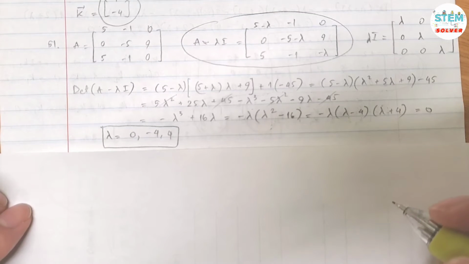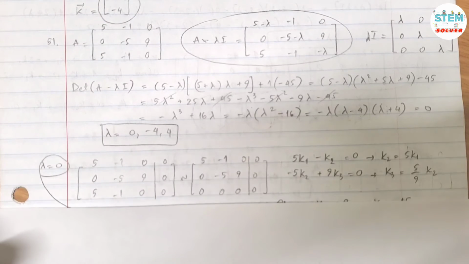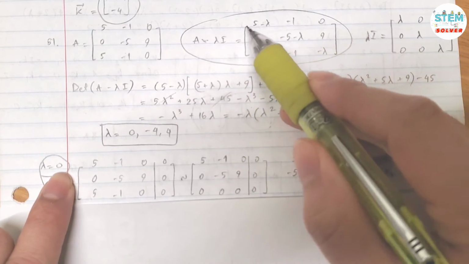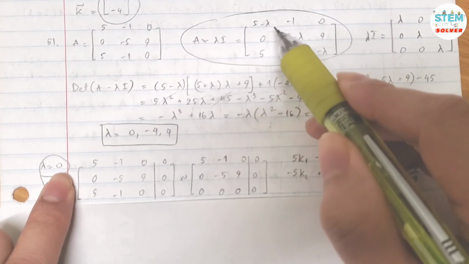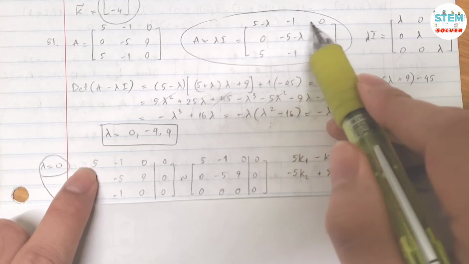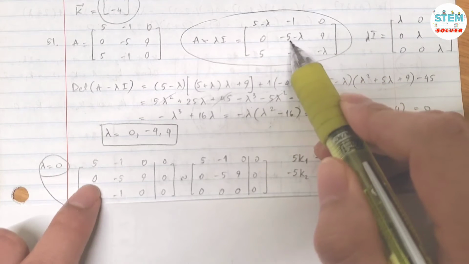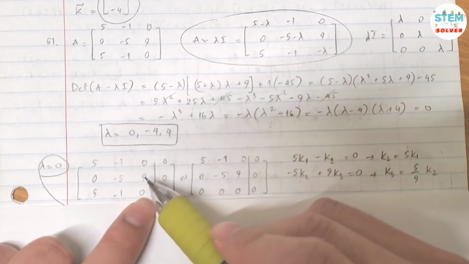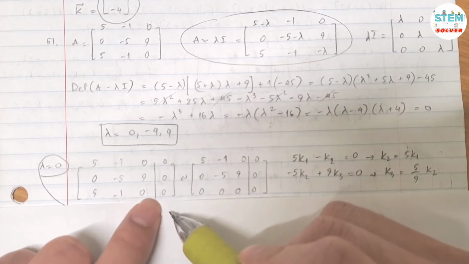Let's take a look at the first case when lambda equals 0. Plug it into here and find the matrix. So 5 minus 0 gives you 5, negative 1, 0; 0, negative 5, 9; 5, negative 1, negative 0, which is 0. Then augment this matrix with 0 0 0.